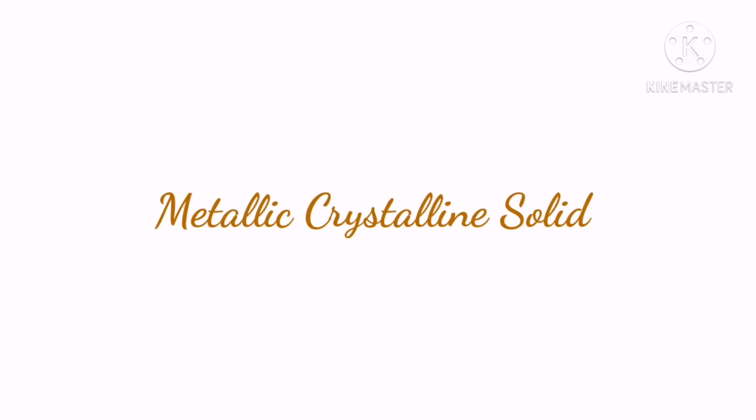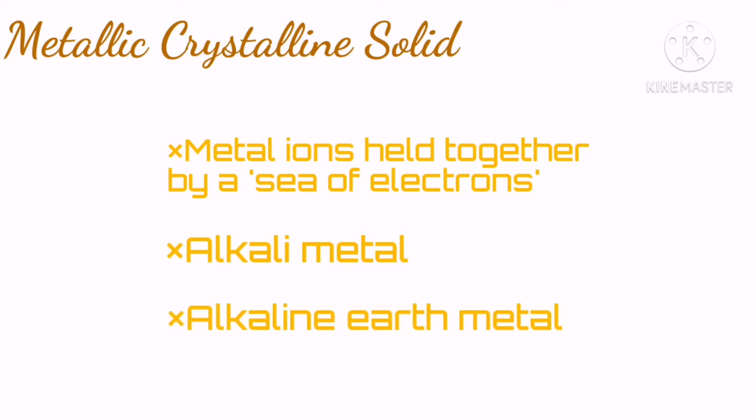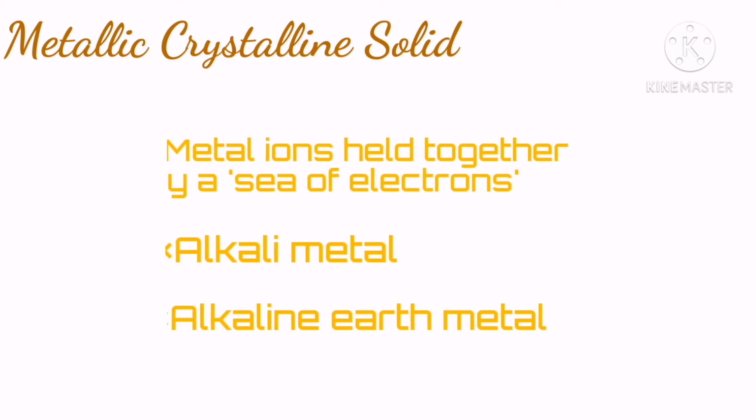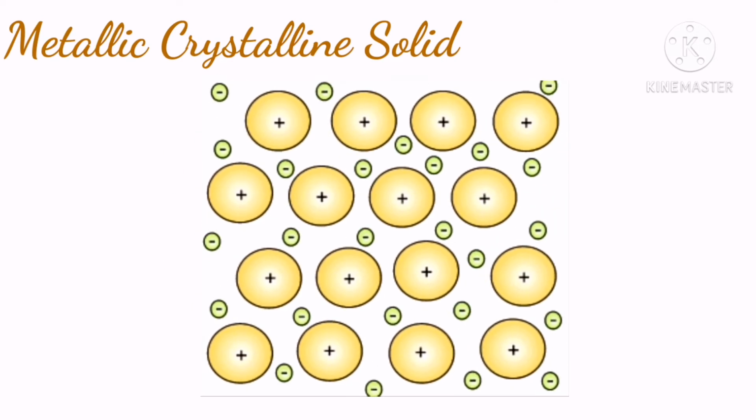The last type of crystalline solid is the metallic crystalline solid. This type of crystal consists of metal ions held together by a sea of electrons, and any type of alkali metal or alkaline earth metal is considered a metallic crystalline solid. However, if they have a metallic-like structure, they are also considered metallic crystalline solids.